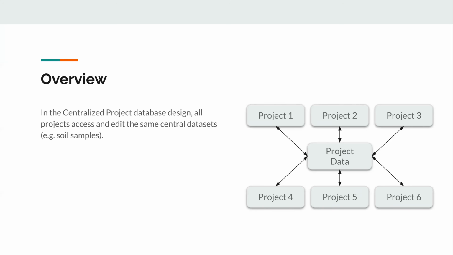So an overview of this. In the centralized project database design, all projects access and edit the same central data set. Imagine that you have some sort of soil samples data set, and it lives in one table, and all of your QGIS projects are accessing that one soils data set.